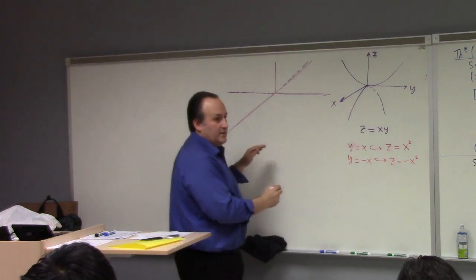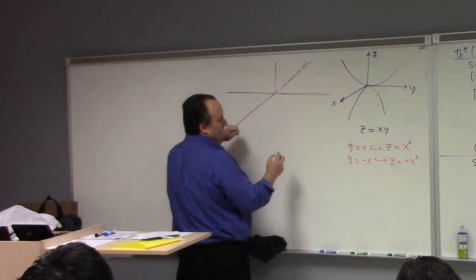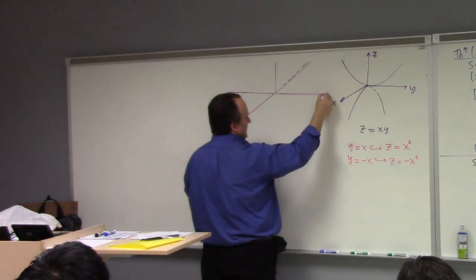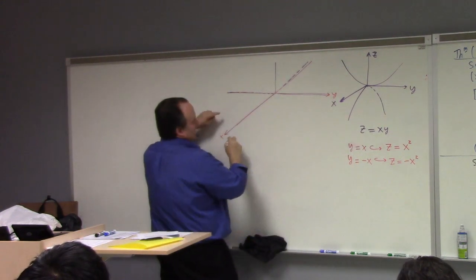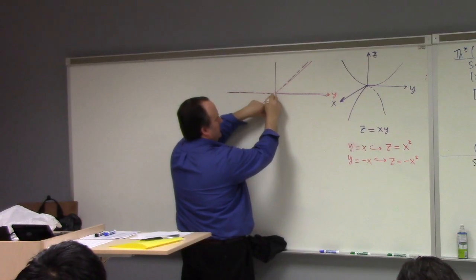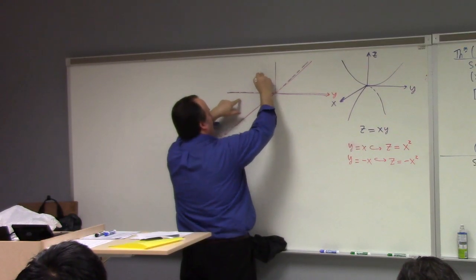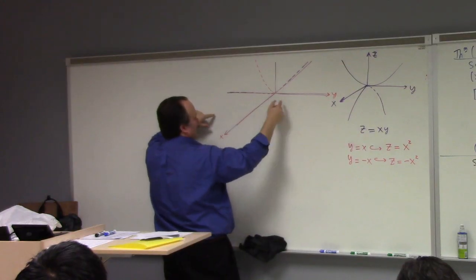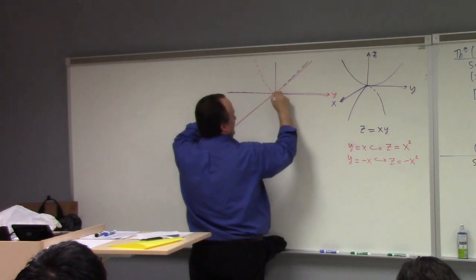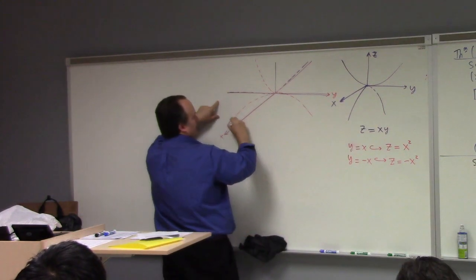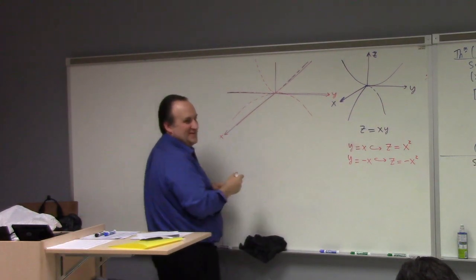So if this is x and this is y, then along x equal to y, it's going up, both here and here. But if we look at y equals minus x, over here, we're going down. Again, I can never draw this thing worth anything.